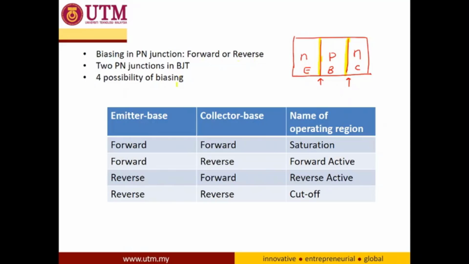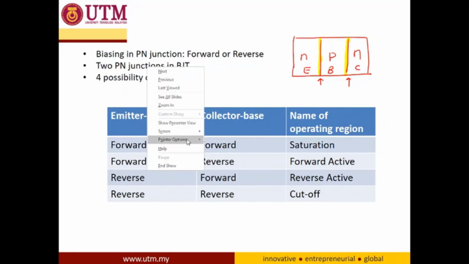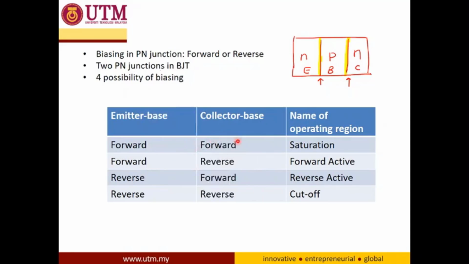Since we have two junctions, and for each junction two types of biasing, we actually have four possible bias conditions. This table lists all the possibilities. If the emitter-base is forward biased and the collector-base is forward biased, this is called the saturation operating region.